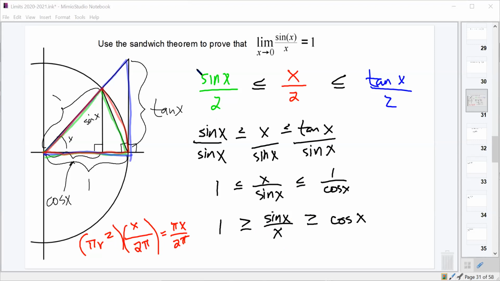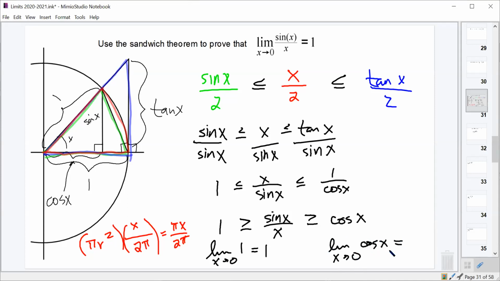We need to look at the limit as x approaches 0 of 1. And what is that limit? 1, right? Because the limit of a constant is a constant, so that's just 1. And on the right-hand side here, the limit as x approaches 0 of cosine x, well, that's just cosine of 0.